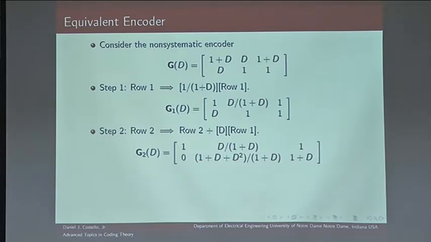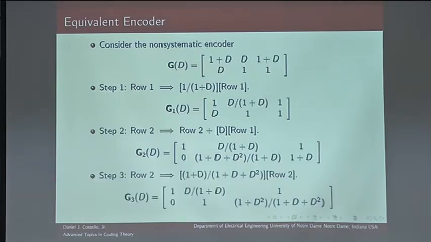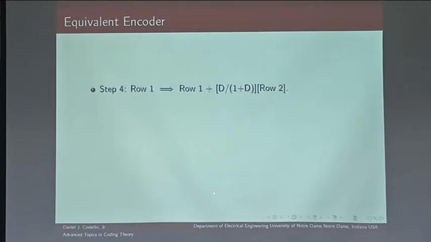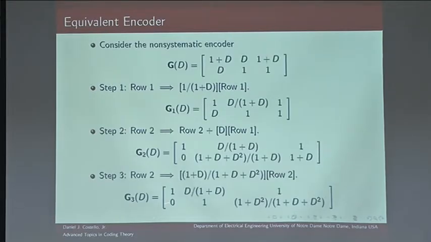Now the next thing we want to do is get a 1 down here. So we want to multiply this row by the inverse of this so we can get a 1. And we do that here. That gives us this polynomial over here. And then the last step is we're going to want to multiply this row by this, and then add it up here to get a 0 here.